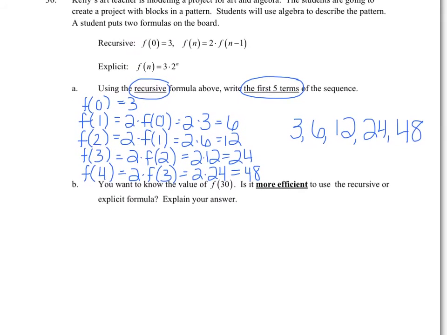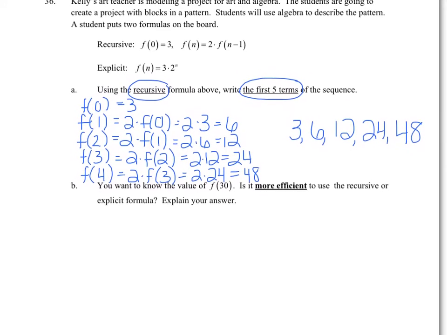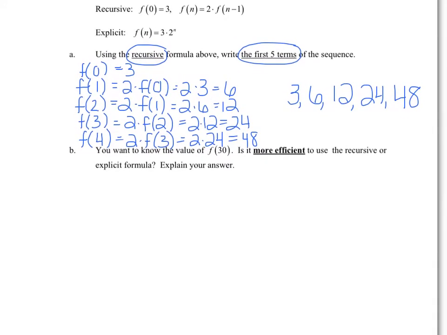Now, part B, you want to know the value of f of 30. Is it more efficient to use the recursive or explicit formula? Explain your answer. So hopefully you know that it's more efficient. We could use either, but it's more efficient to use the explicit formula.